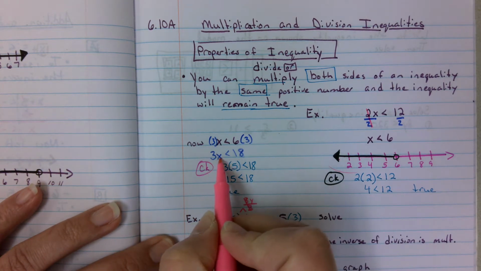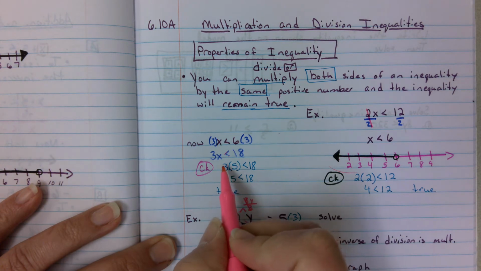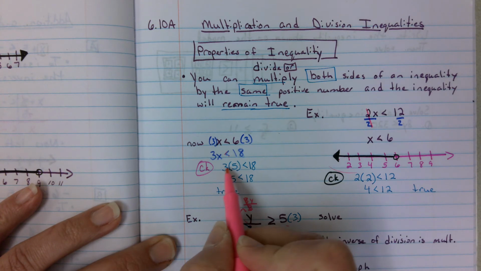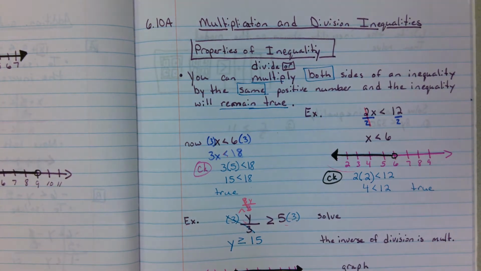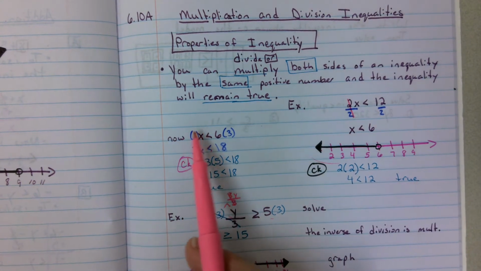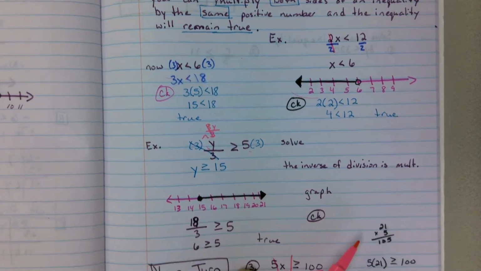Now I have 3x is less than 18. And then I am going to take one of my values here, and I chose 5. 3 times 5 is 15, which is less than 18, and that's true. So we've just proved that we can divide the same number on both sides or multiply the same number on both sides, and my inequality is still going to be true.